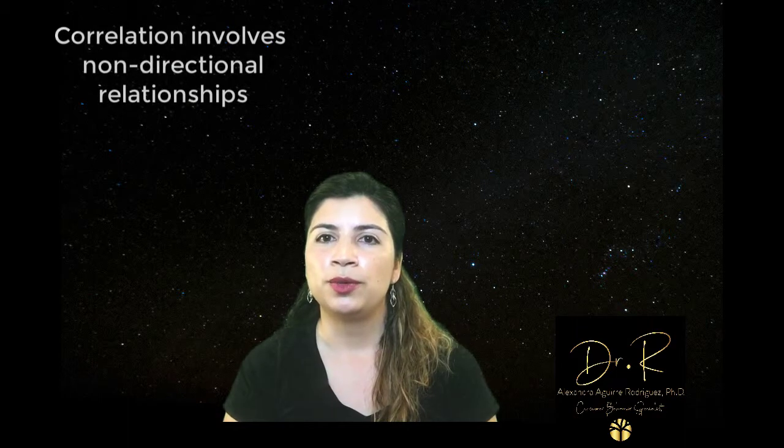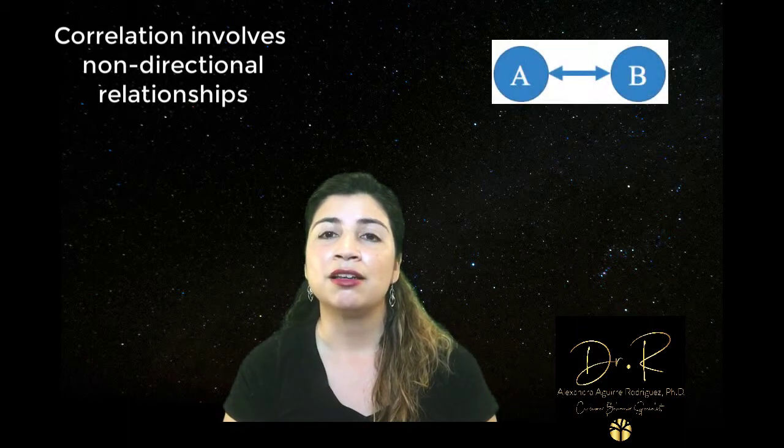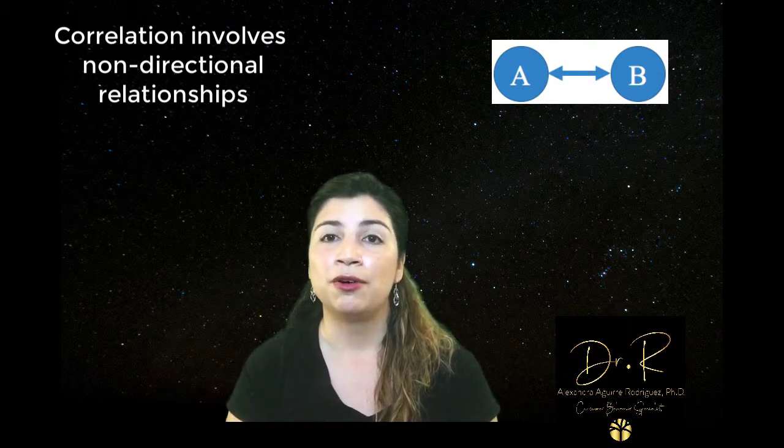An important characteristic, however, of correlation is that the relationship between the variables is non-directional. It may be that A influences B, B influences A, or they may influence each other simultaneously.